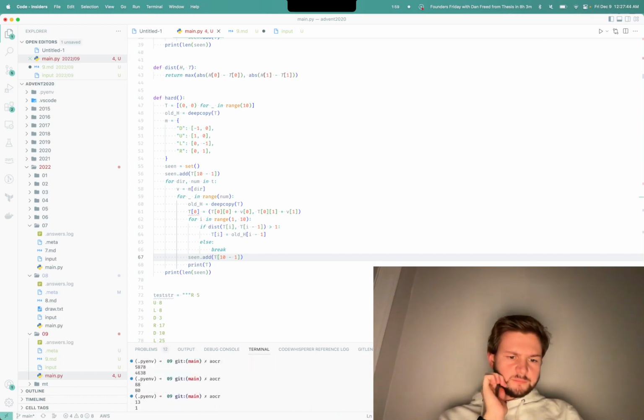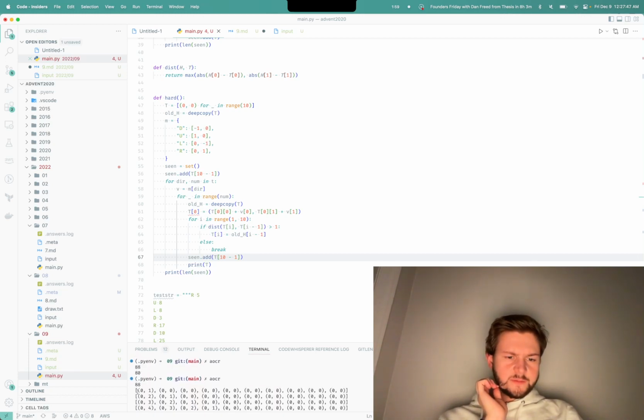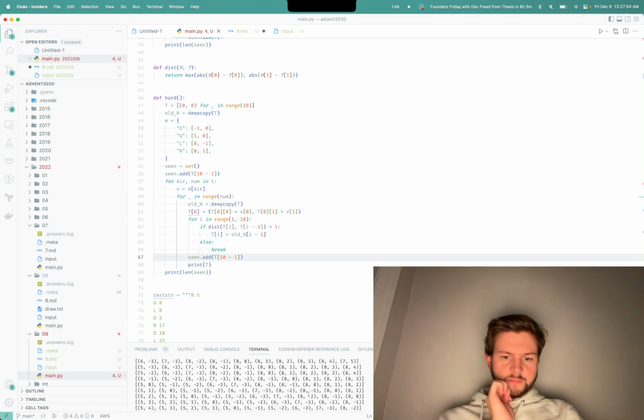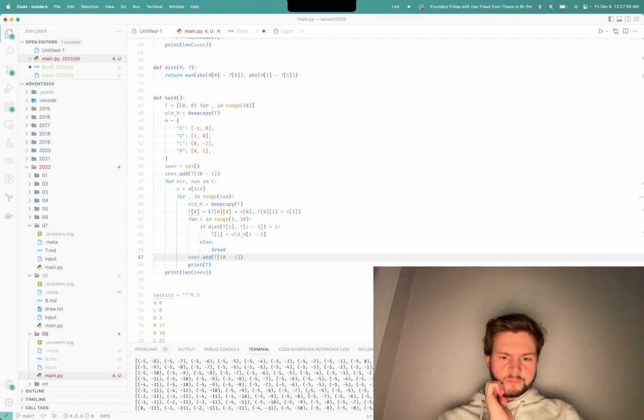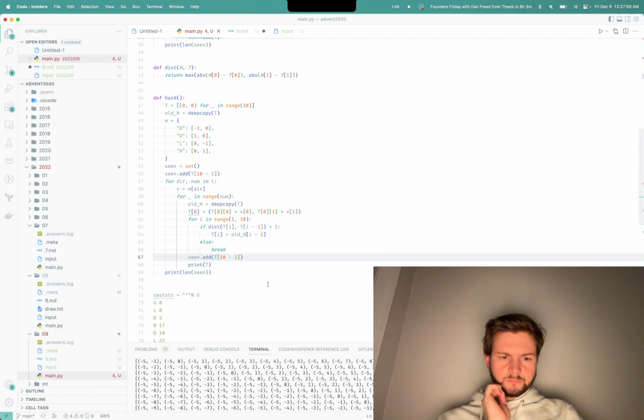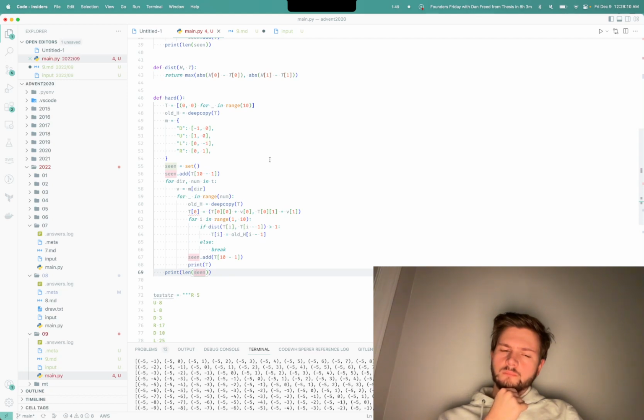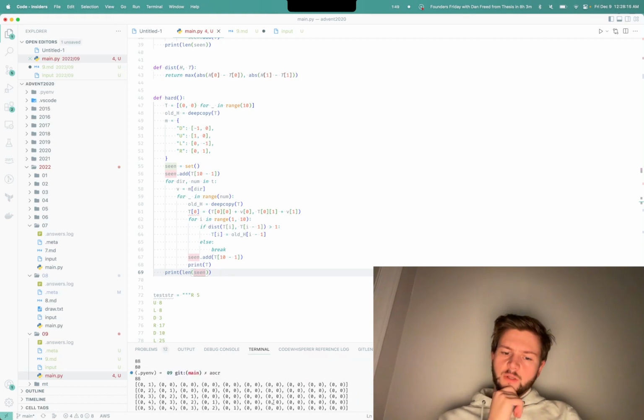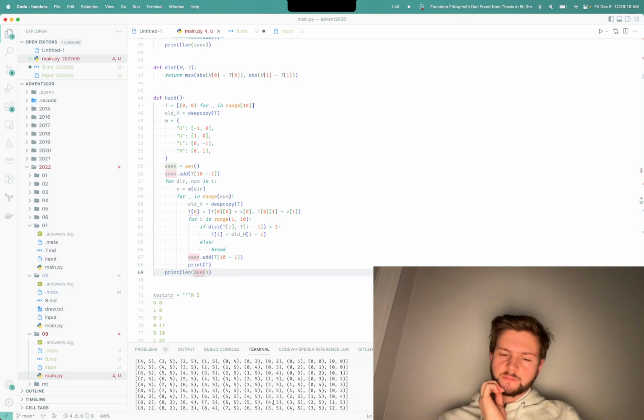So, first movement, we have 0, 1, 0, 2, 0, 2, 0. See, there's not so many values in it. Well, I guess there are 80 values.